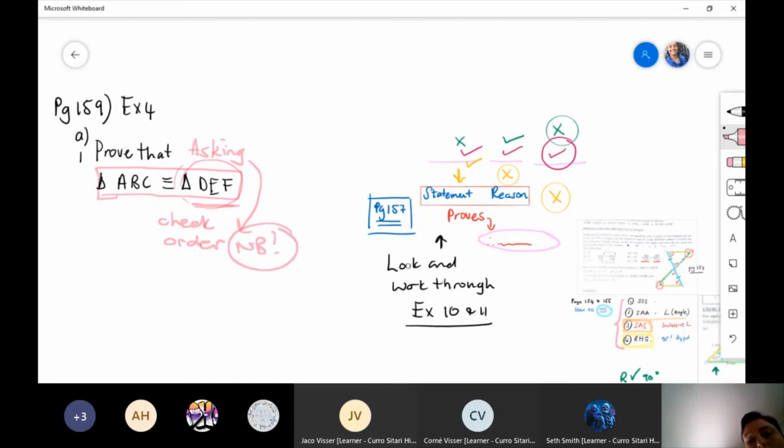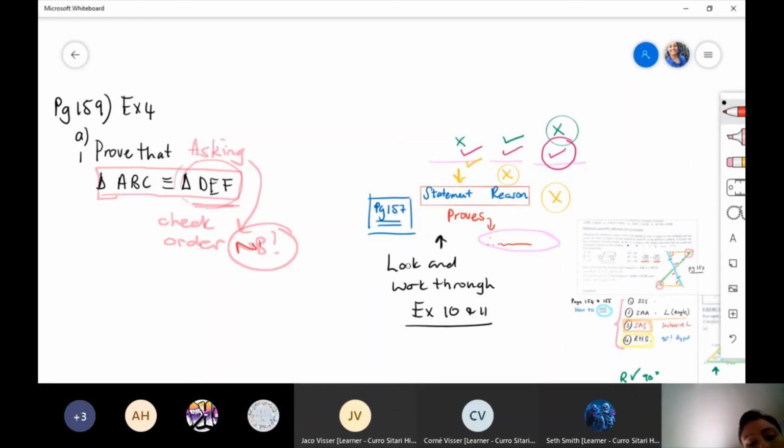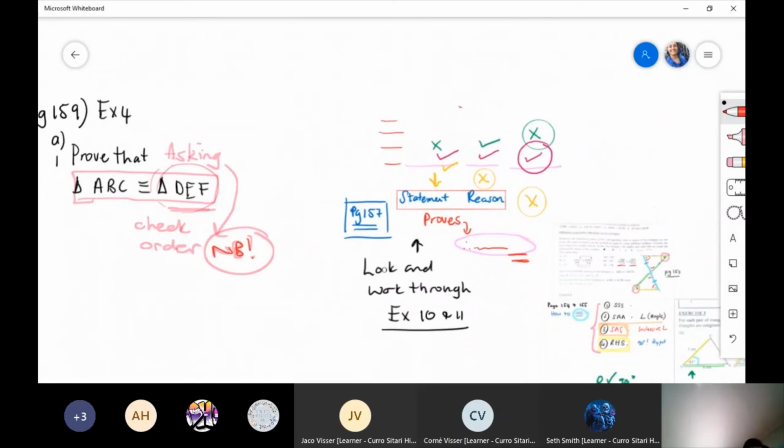This is essential. This is really, really important. You need to pay attention to that order, because once you've done all this work, once you've gone through all these things that you've now stated, you don't want to get it all wrong because you get your order wrong. You want your full marks. You've done a lot of work for it.